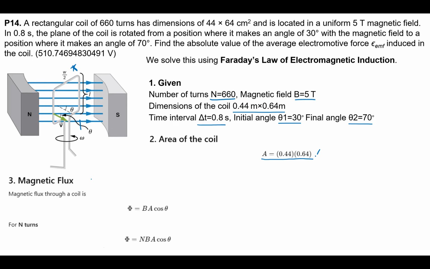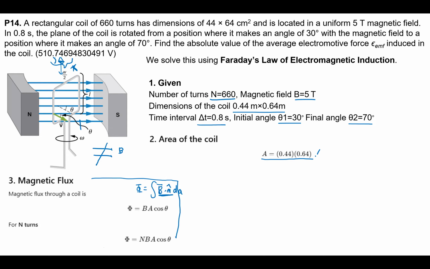And then magnetic flux is going to be calculated with this one. Note that this product, if you look at it closely, you have a magnetic field here, but if you look at it from the top, it looks like this.